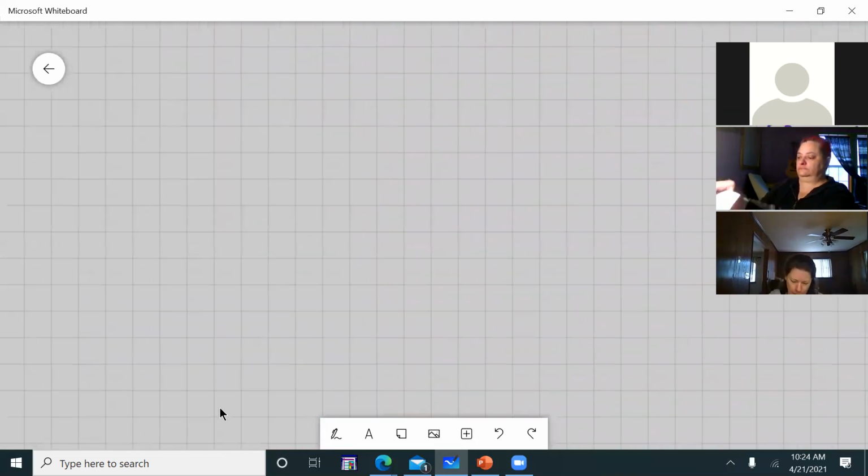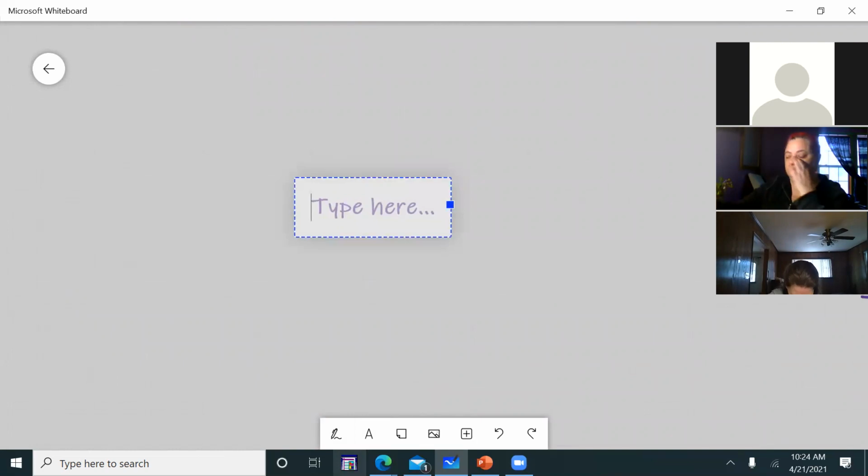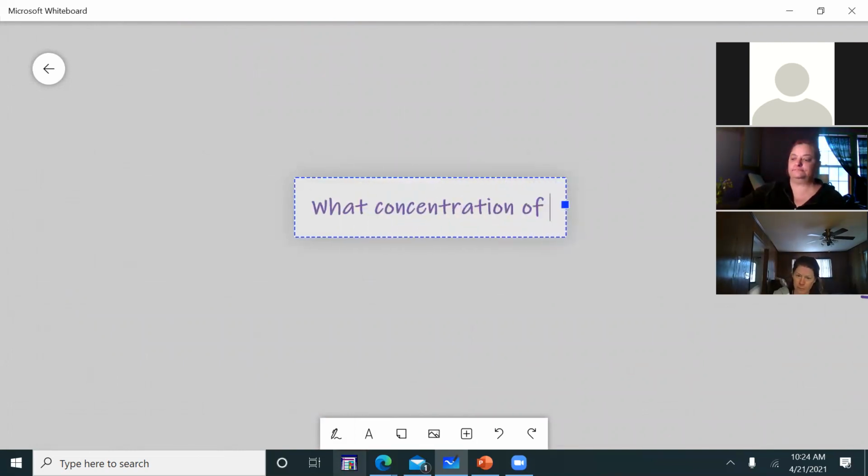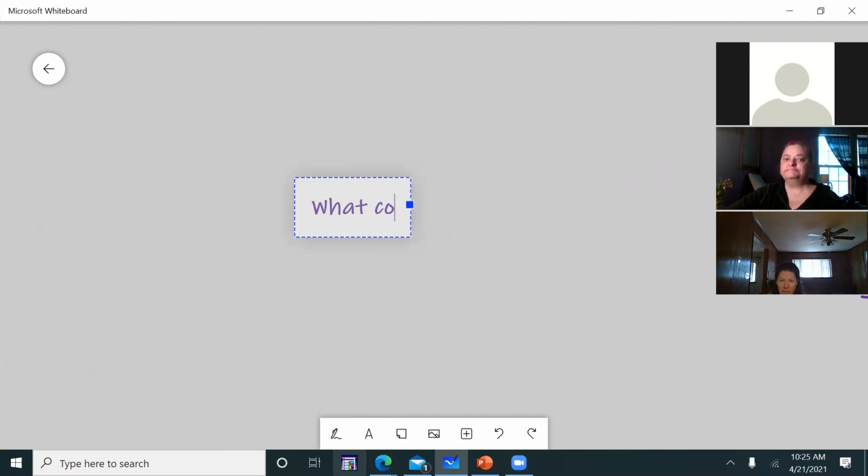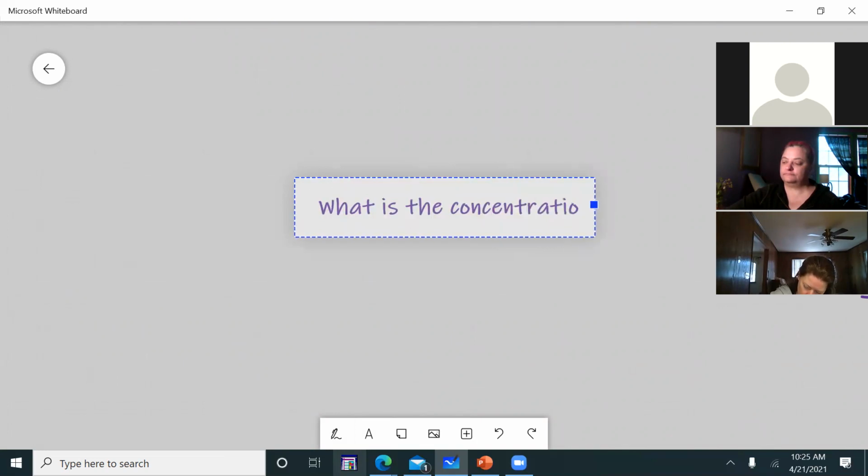Getting super cramped. Okay. So what is the concentration of NaOH if 350 milliliters?